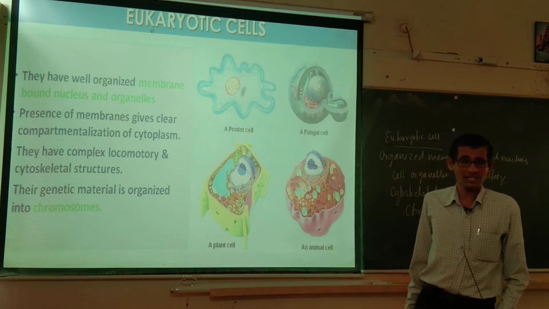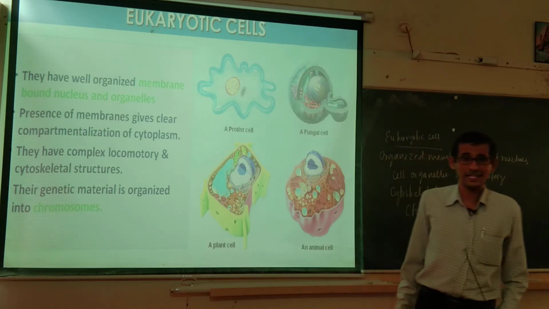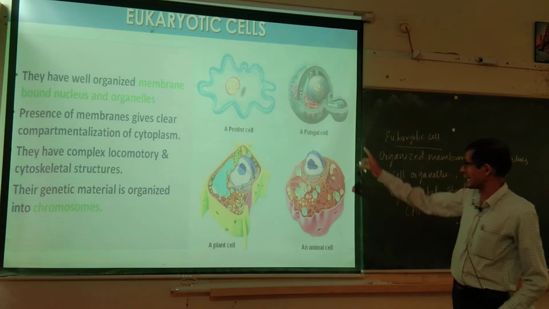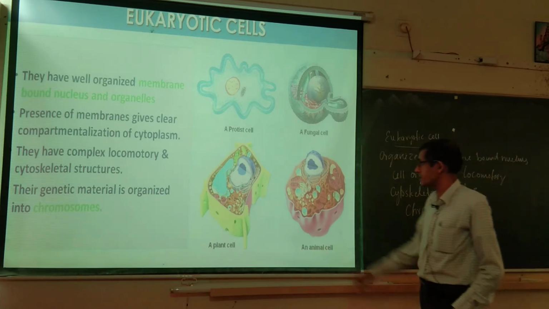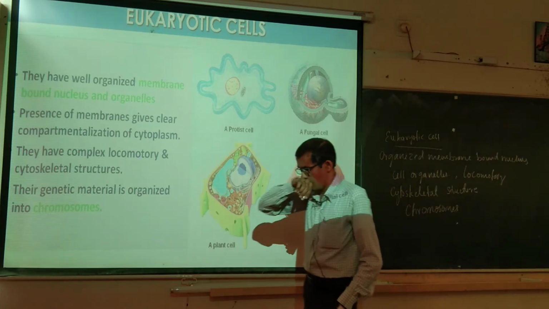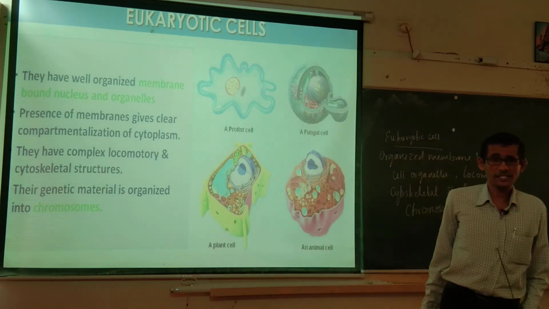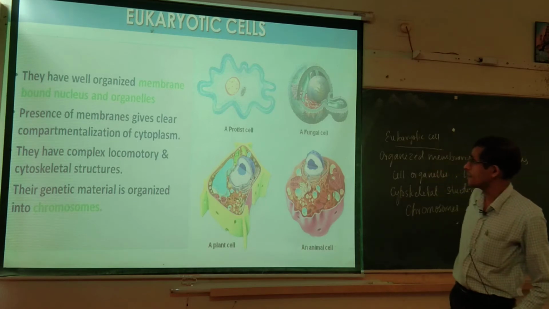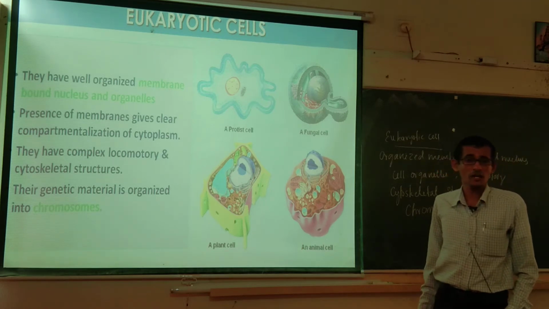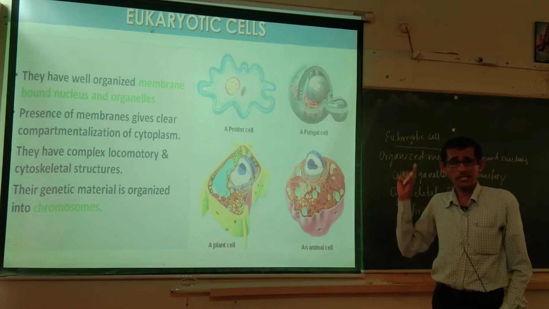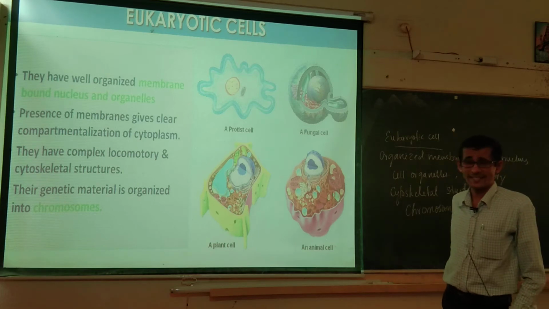So, the eukaryotic cell is a well organized cell, and here I have given some examples. In kingdom Protista, there are different organisms like amoeba, paramecium and euglena, which belong to the eukaryotic cell.